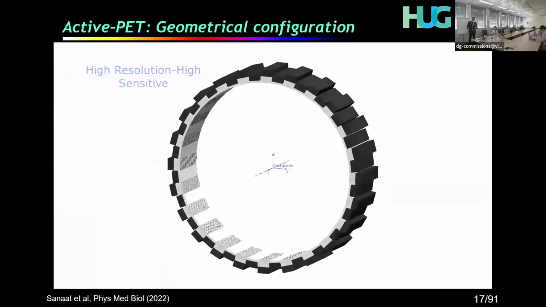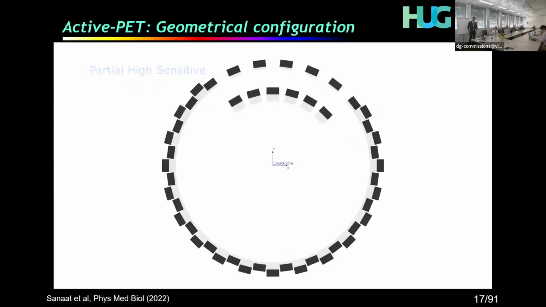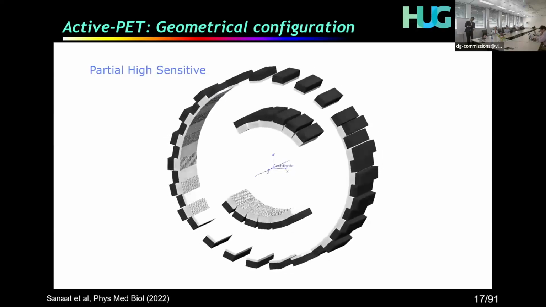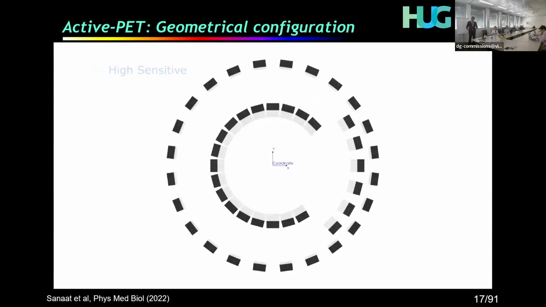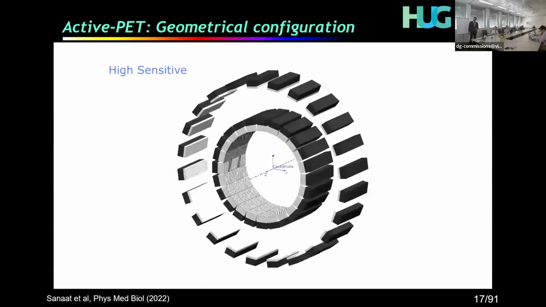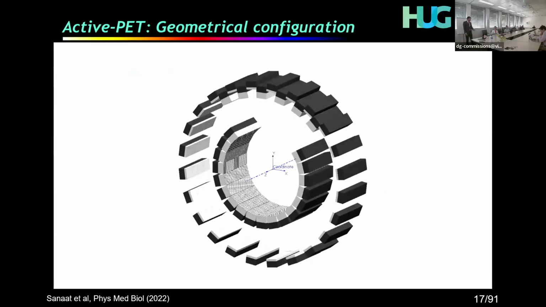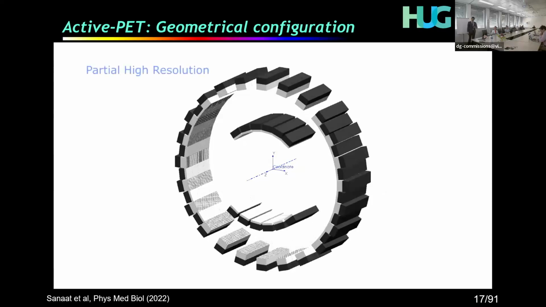For example, here is the highest resolution and high sensitivity, good for whole body imaging. Then the high sensitivity crystals can get closer and make a partial ring, good for online therapy. And then all of the high thickness crystals can get closer and make a high sensitivity scanner for pediatric imaging, or even brain imaging, or even cell therapy and cell tracking.